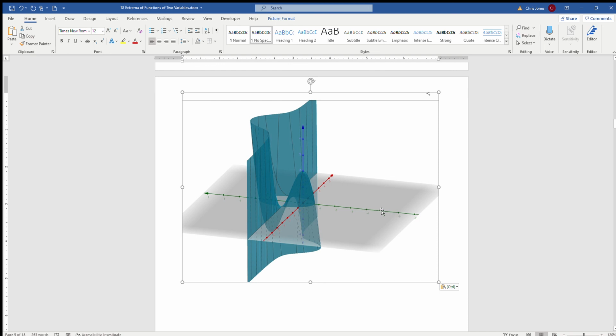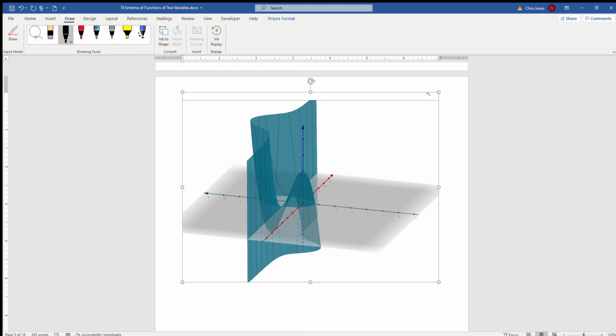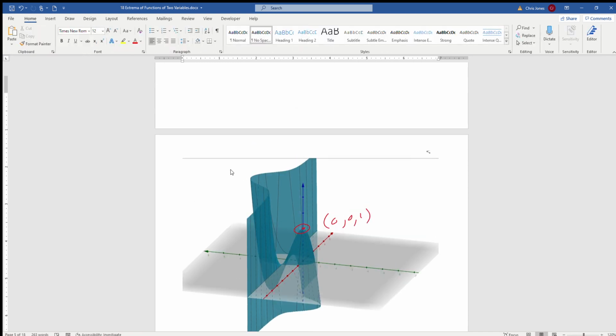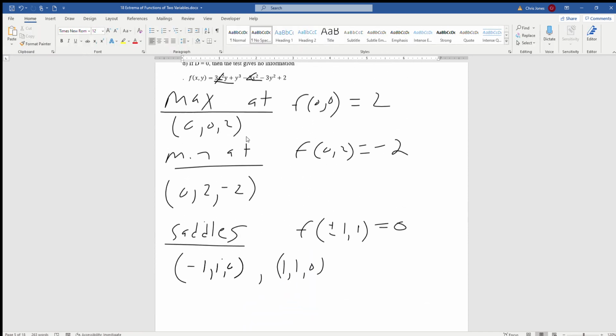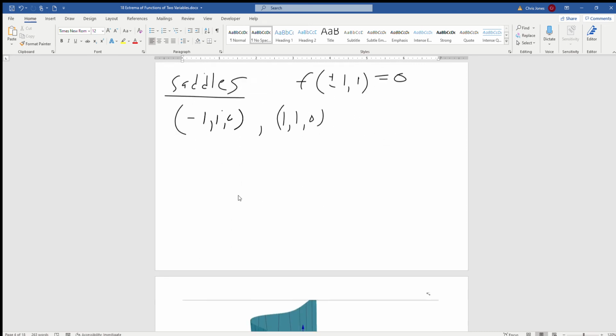I can't rotate this, but I think I got a pretty good version of what's going on. If you look at this picture, we have a maximum right here. I know it's tough to see, but this is the point 0, 0, 2, and that is the point that we said there was a max at. There was a min at 0, 2, -2.